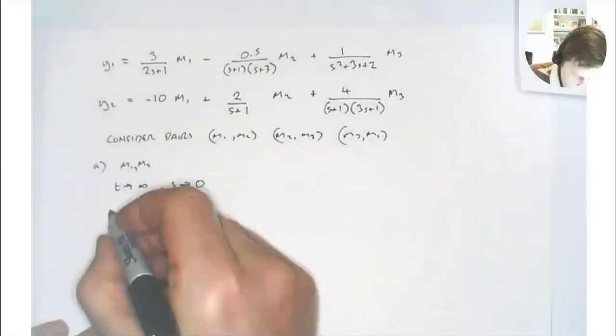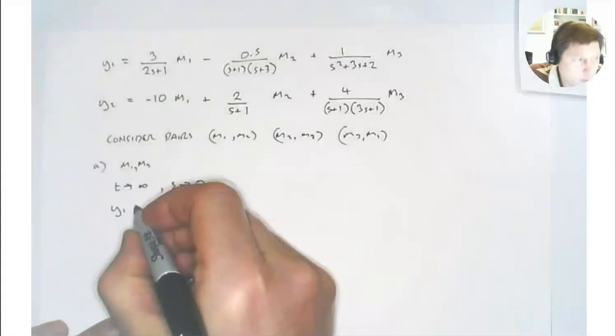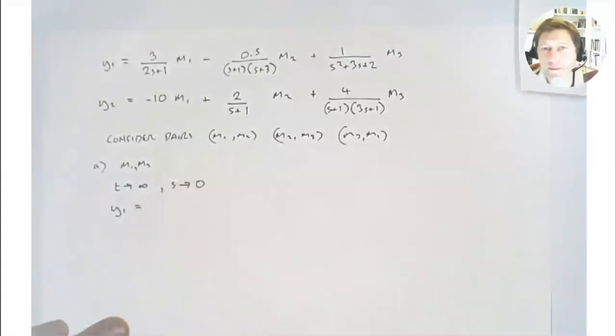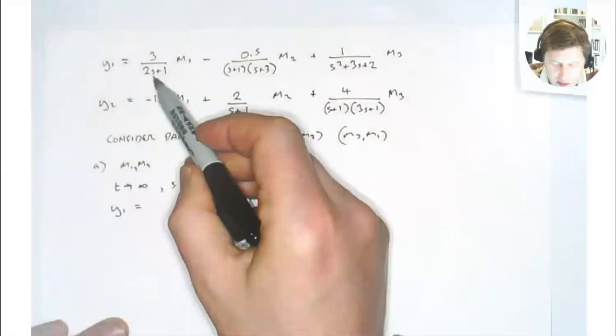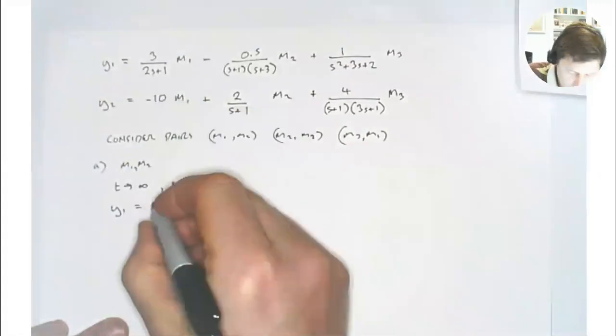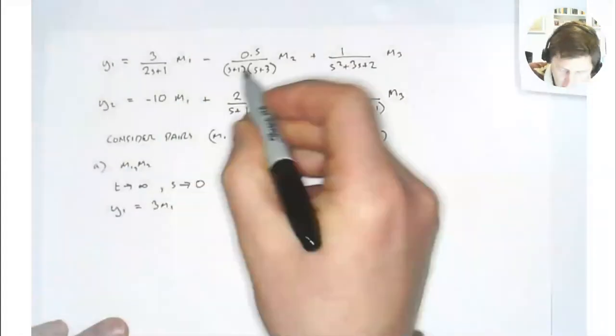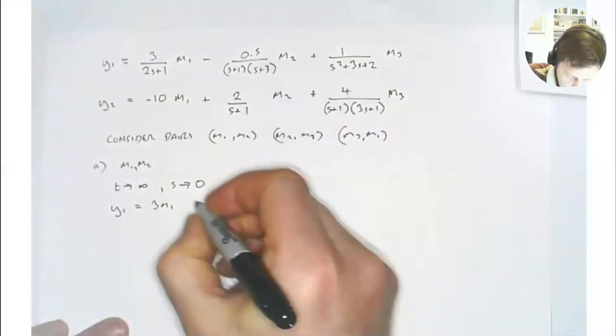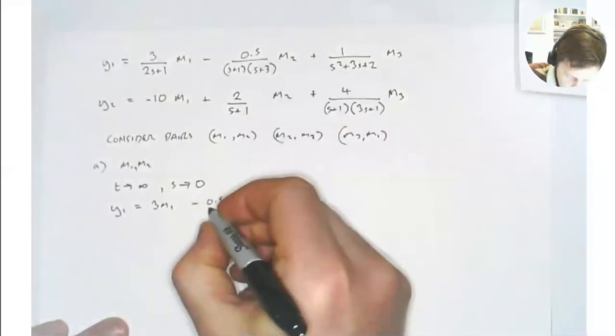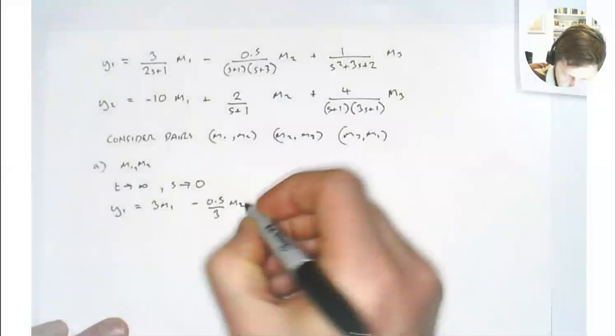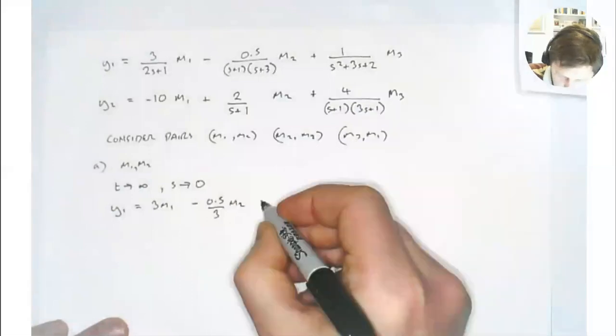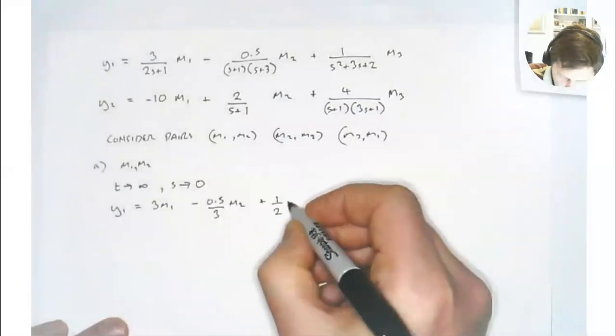So we can rewrite our expressions for y1 and y2 and make s go to 0, so that becomes 3m1 minus 0.5 over 3 m2 plus 1 over 2 m3.